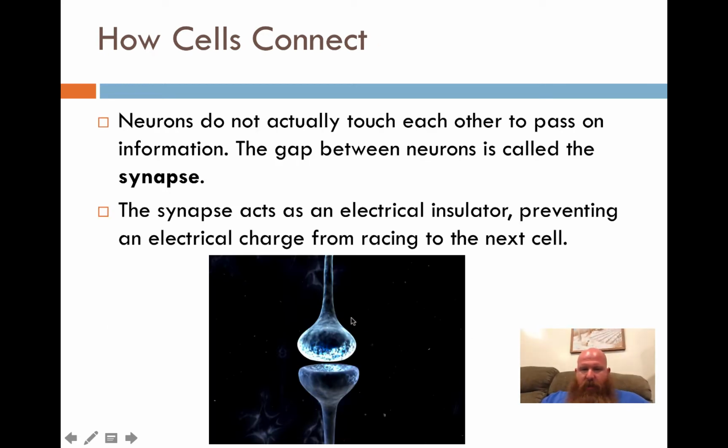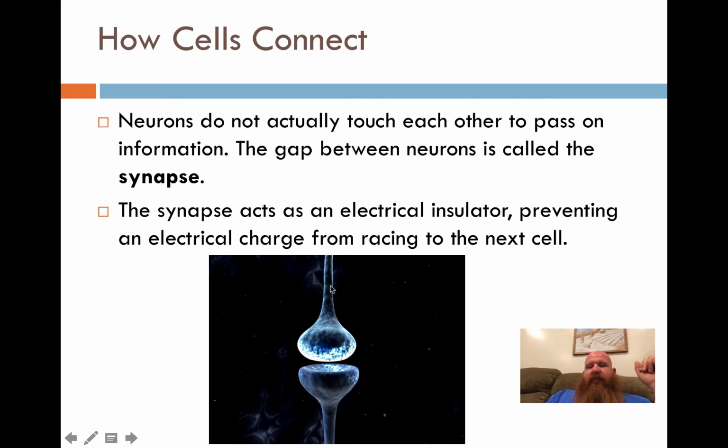This here is a terminal button. This is in the axon terminal. So again, going through the whole process: dendrite, cell body, neuron, axon terminal, and then this right here, the terminal button.